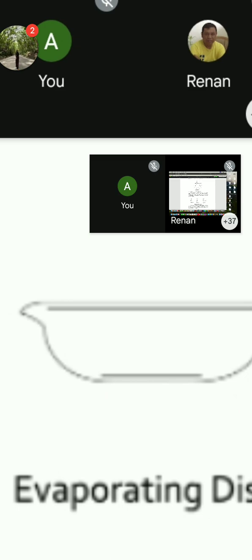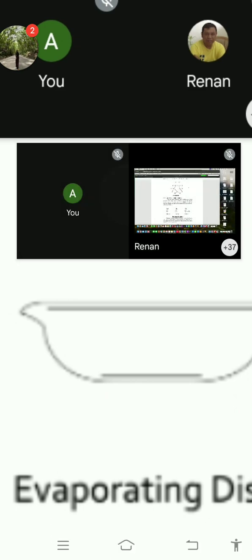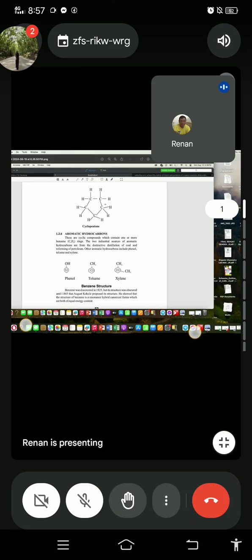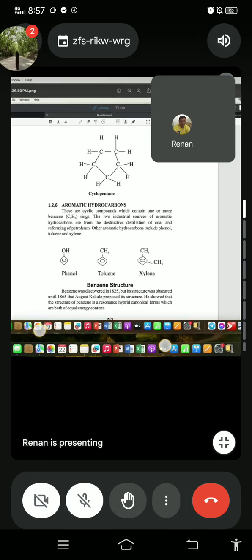Cyclopentane looks like this. No, why is it cyclopentane? One, two, three, four, five. There are five carbons. So if the skeletal or structural formula is shown, you have five C's.